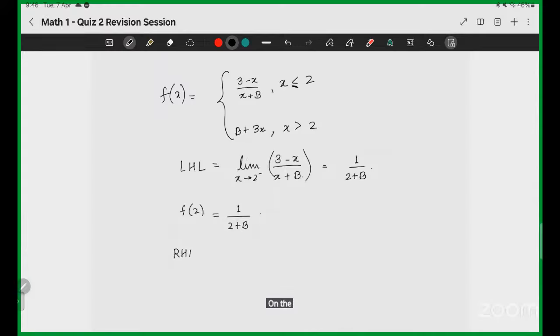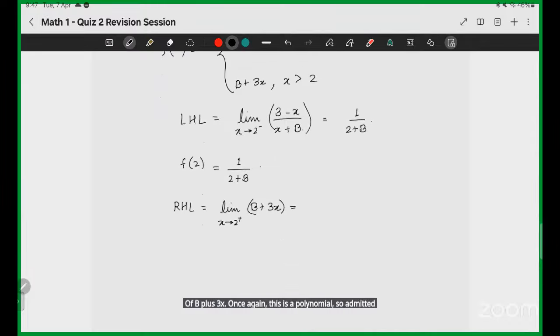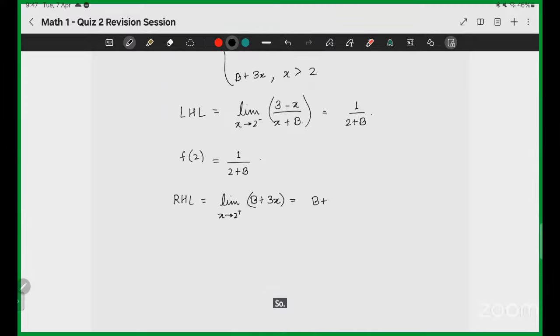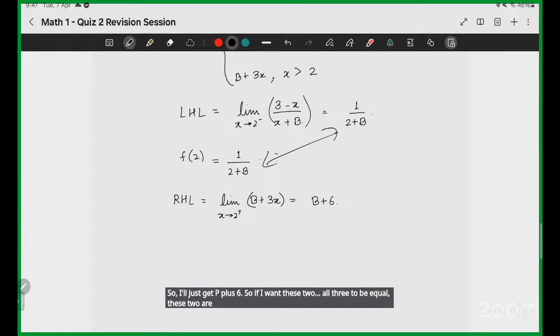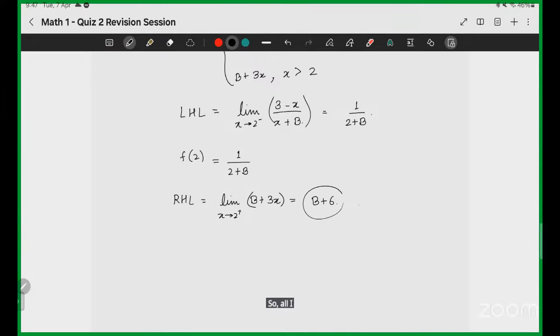On the other hand, the right-hand limit is the limit as x goes to 2 of b plus 3x. Once again, this is a polynomial, so direct substitution works. So I'll just get b plus 6. So if I want all three to be equal, these two are already equal. So all I need to worry about is 1 by b plus 2 is equal to b plus 6.